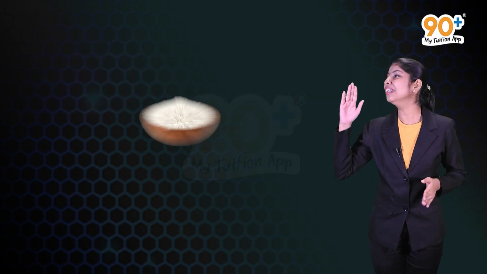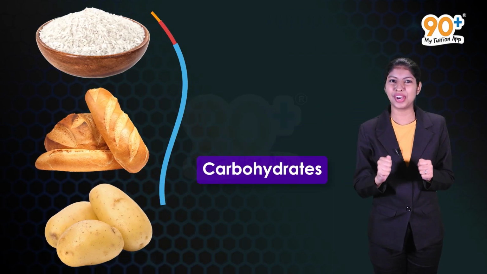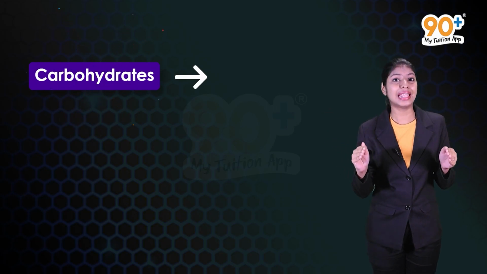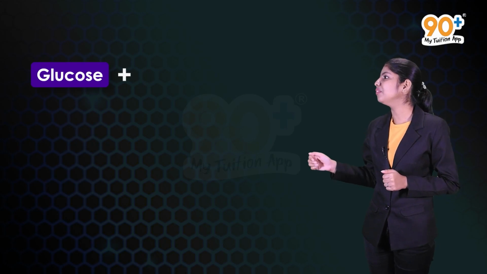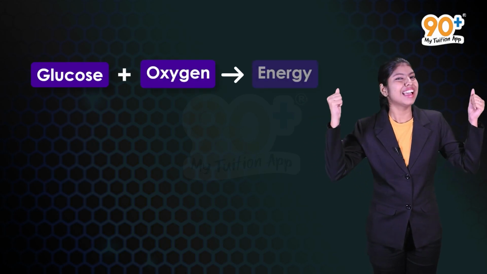For example, rice, potatoes and bread contain carbohydrates, and these carbohydrates are broken down to form glucose, and this glucose combines with oxygen in the cells of our body and provides energy.